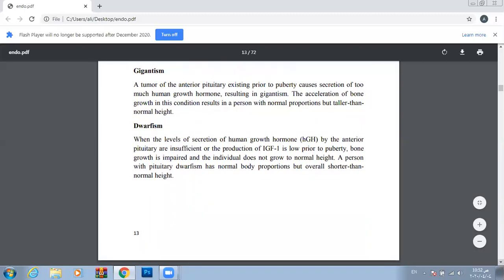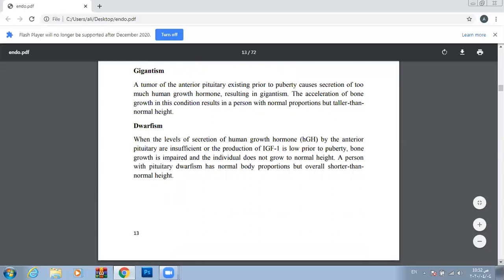Gigantism, a tumor of the anterior pituitary gland existing prior to the puberty causes a secretion of too much human growth hormone. هذا شنو هو prior to puberty؟ يعني قبل لا نصل إلى مرحلة البيوبرتي.